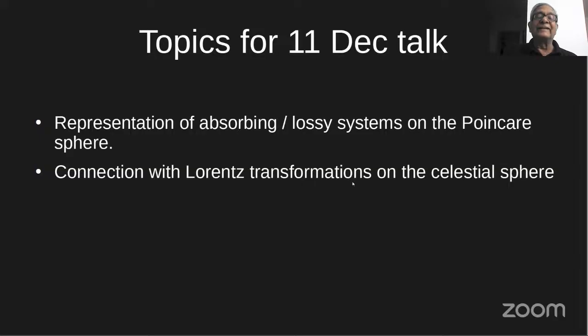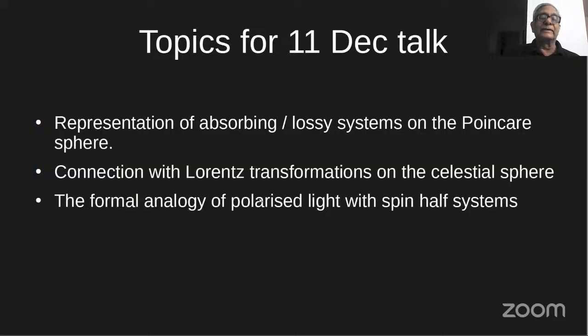You have the celestial sphere, which is light coming from all directions. And if you get into a moving frame, the directions are going to change. So that's a map from the sphere onto itself. Turns out that that's related to these absorbing systems. So as I said, it's one of those interesting things.